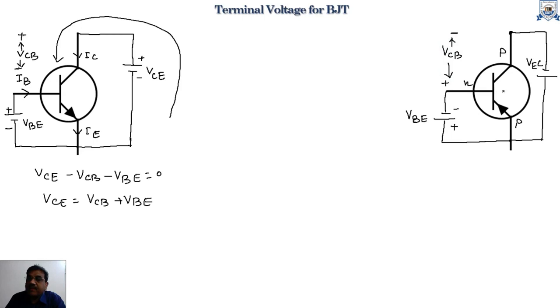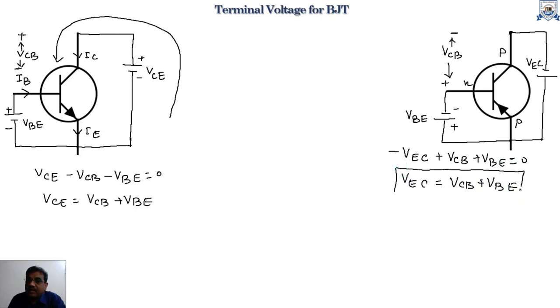Now if we apply KVL in the whole system, then minus VEC plus VCB plus VBE is equal to 0. So VEC is equal to VCB plus VBE. This is the general equation for measuring the voltage across each terminal.